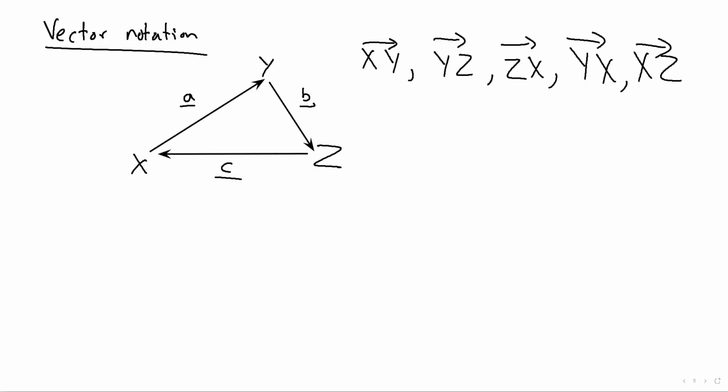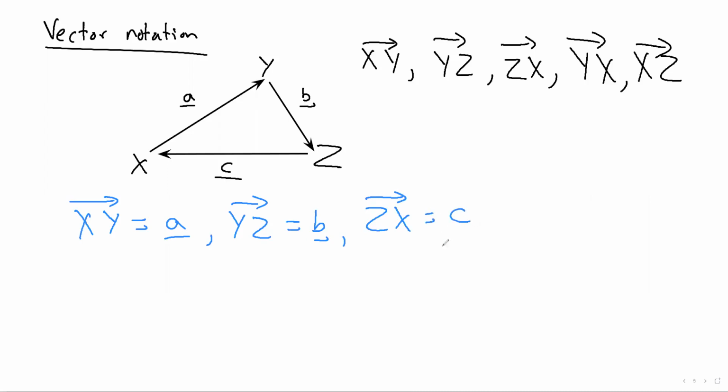So we know, first off, that XY is A, because if our start point is X and our end point is Y here, you just have to use vector A to get from X to Y. So we can write, in fact, let me do that in a different color. XY is equal to A. And similarly, YZ will be equal to B. And ZX will be equal to C.